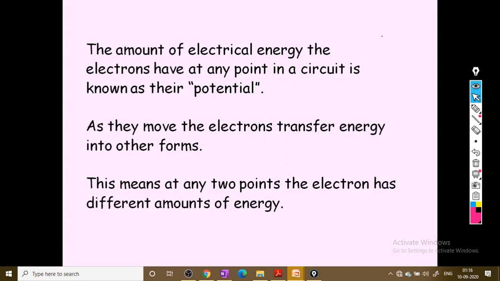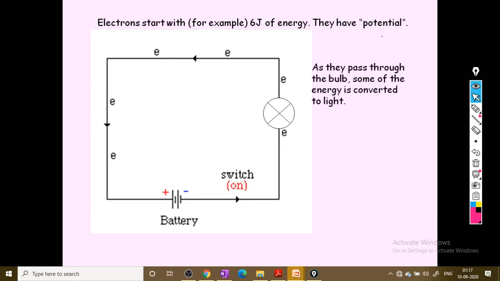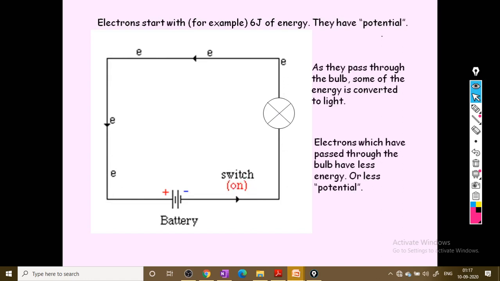If you take any 2 points, the electrons have different amounts of energy. When the switch is on, only then does the potential difference work. The 6 volts potential difference exists between the 2 points.